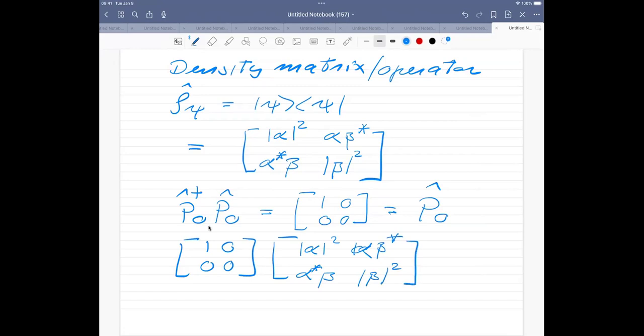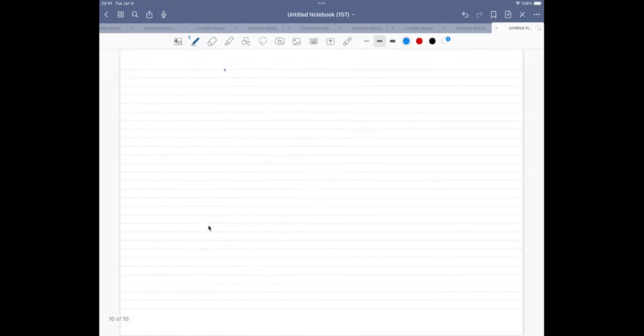If I do that, this is nothing but this P0 acting on this rho psi, and I'm putting hats on these to indicate that these are matrices or operators. And if I perform the calculations, I get alpha squared, alpha times beta, and then I have 0.